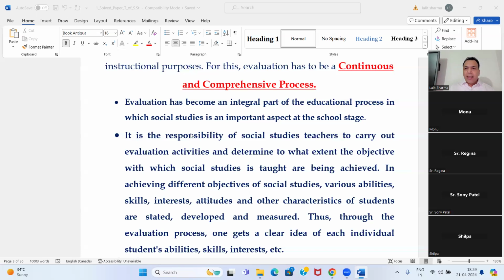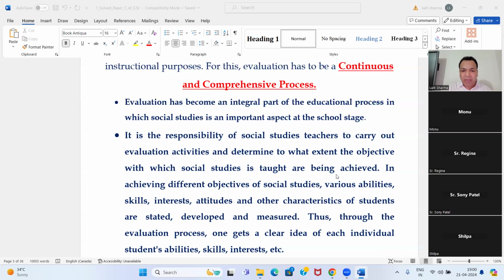Next is, अब ये देखो, ये बहुत ही इंपॉर्टेंट है गाइस. It is the responsibility of the social science teacher to carry out evaluation activities and determine to what extent the objectives with which social studies is taught are being achieved.